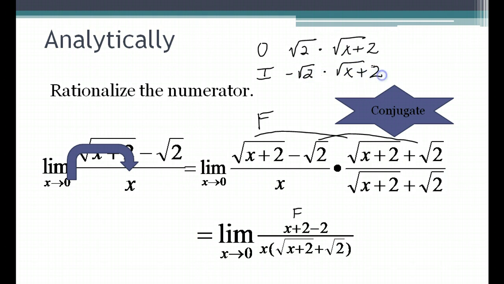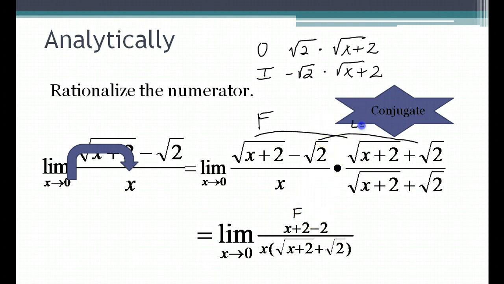And the inner is going to be a negative root 2 times the square root of x plus 2. And I want you to notice that as you combine those, you'll find out that the outer and the inner terms, with the conjugate use, are always going to cancel out. So that's the reason we don't have any more outer and inner terms.